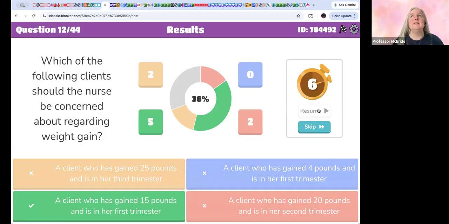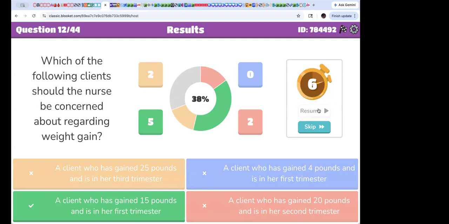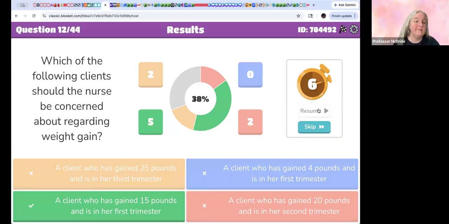If a woman has a normal BMI, how much weight should she gain in the first trimester? Is it 25 to 35? That's for the whole pregnancy. For the first trimester, it's about 3 or 4 pounds.